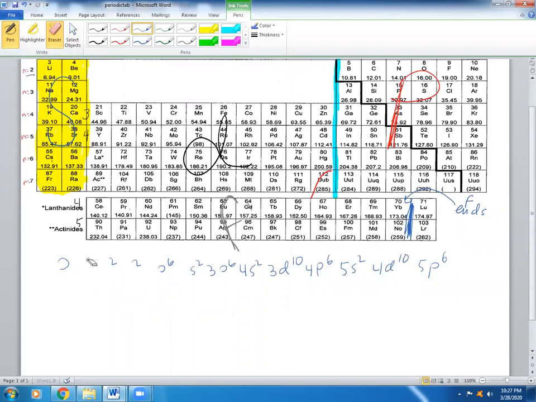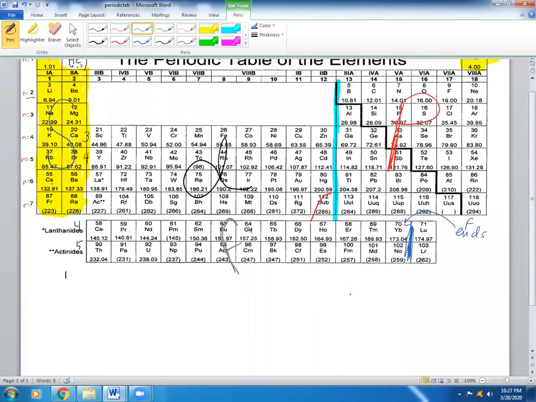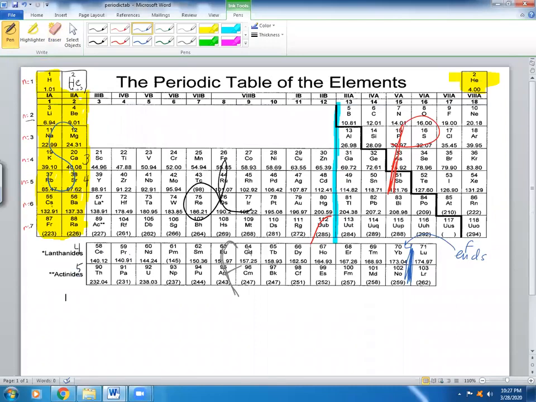So we are going to do Hg. Then we'll do the abbreviated method. That way we can understand it better. Okay, here's Hg right here.